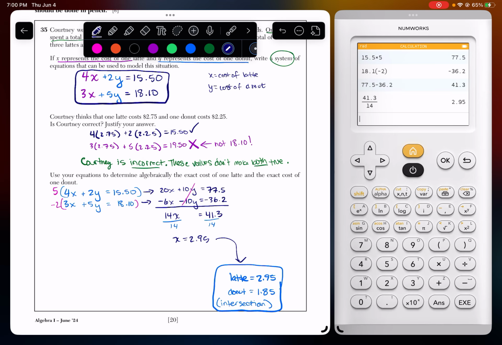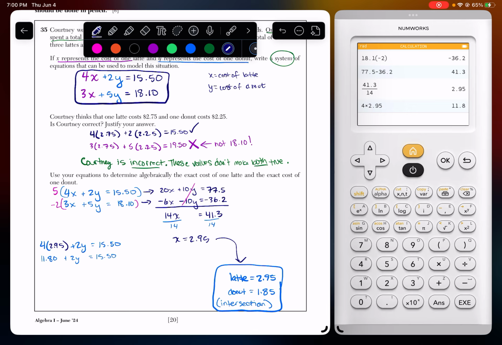Now I'm going to take that latte price, substitute it back into either equation, and I'll use that to find y. So if I use my first equation, 4 times 295 plus 2y equals 1550. Then I can use this to solve for y. So 4 times 295 is 1180 plus 2y equals 1550.